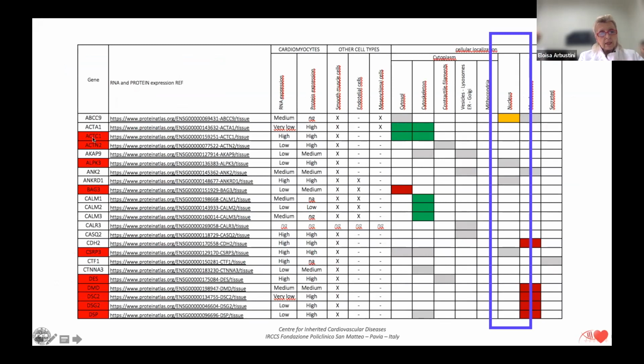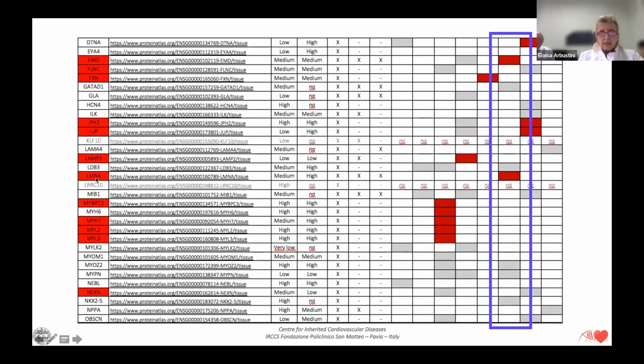The red filled boxes are the genes validated for cardiomyopathies. In the blue squared boxes, you see the nuclear expression of the proteins encoded by these genes. You can see there's no red filled box here. So let's go to the next one.